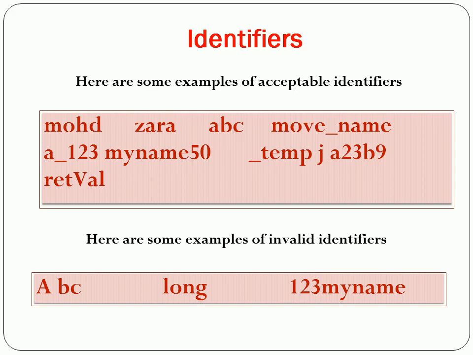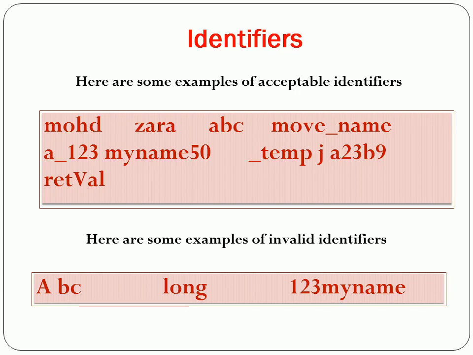The first example is A space BC. It contains a space inside the identifier, so it is considered invalid. The next example is long. Long is a keyword in the C programming language, and as we already said, a keyword cannot be used as an identifier, so this is also invalid.